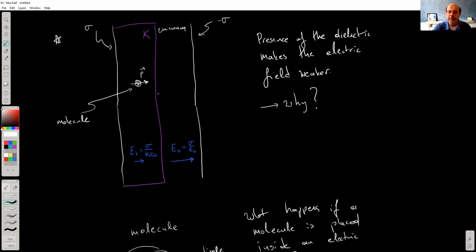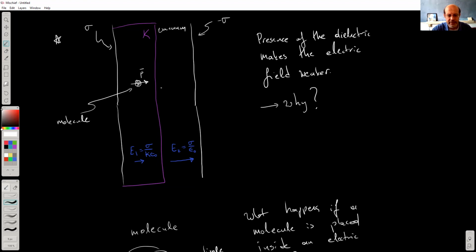And some materials show strong reaction. They have a high polarizability, so therefore they have larger dielectric constants. Some of them have smaller polarizability, and so therefore smaller dielectric constants. There's some kind of a relationship between the dielectric constant and the polarizability, but just know that they are proportional to each other.